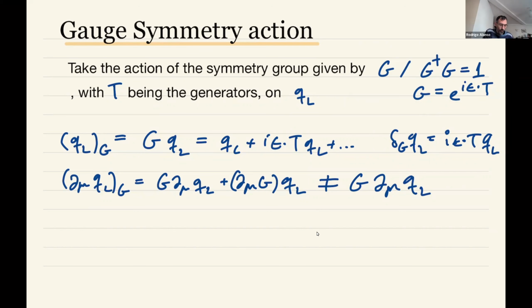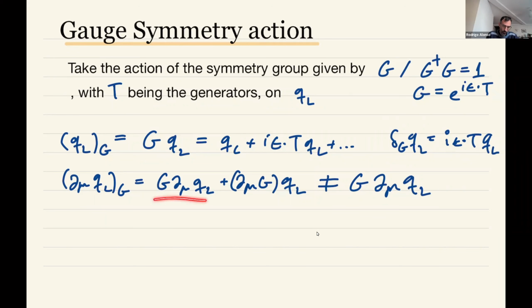And now, as you know, comes the need for gauge covariant derivatives, because we want objects to transform covariantly to build invariants. Being very explicit, we do the same thing. Now we compute the transformed derivative of the quark doublet.